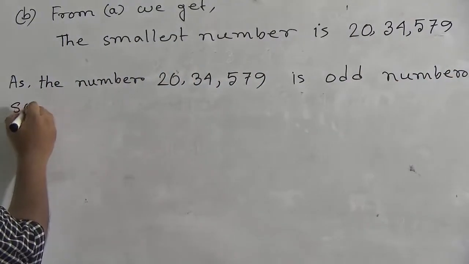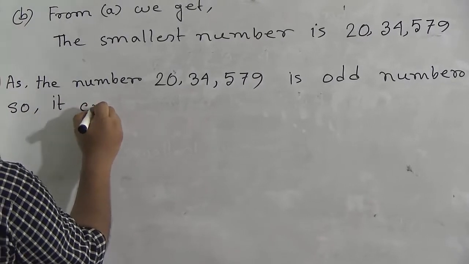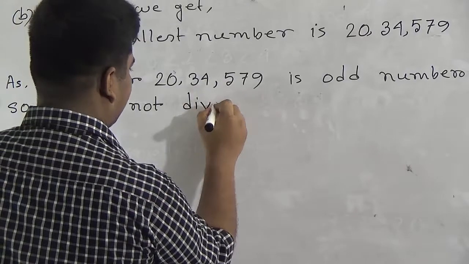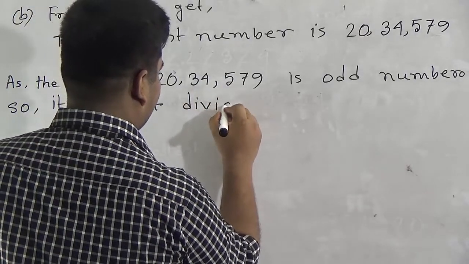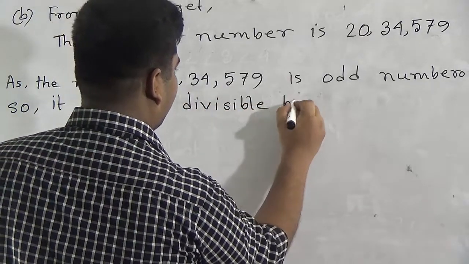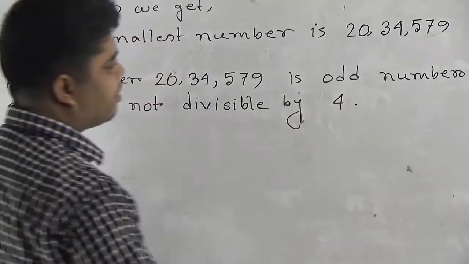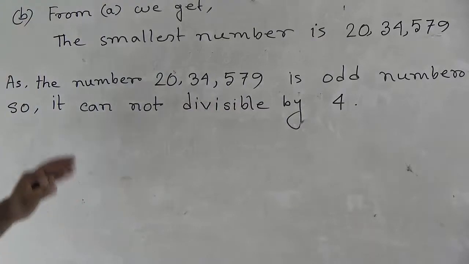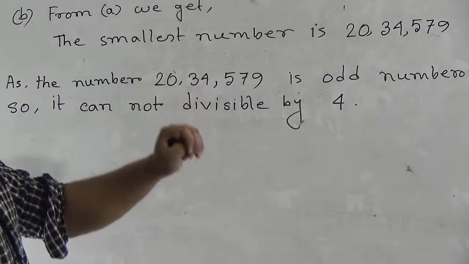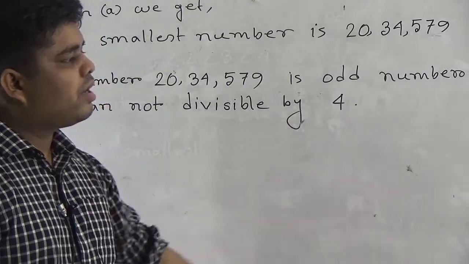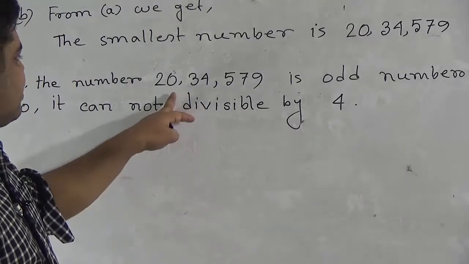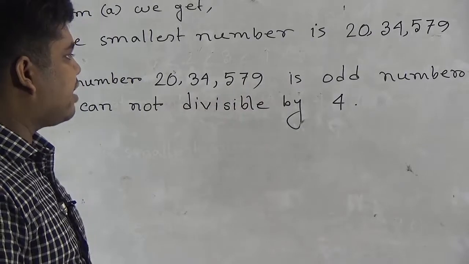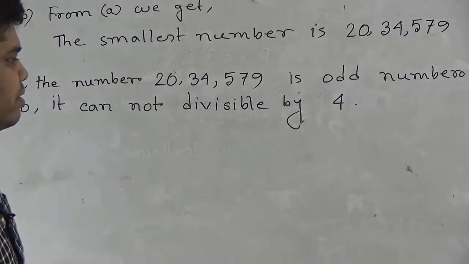So it cannot be divisible by 4. So checking by 4 is done, and we make a decision that this number is not divisible by 4. Now we shall check whether the number 20,34,579 is divisible by 5 or not.